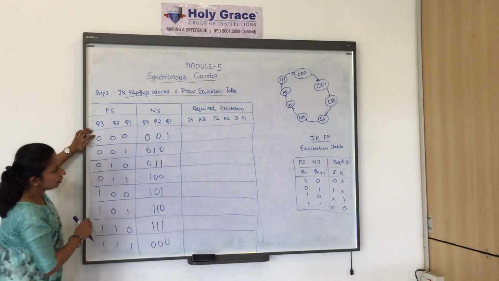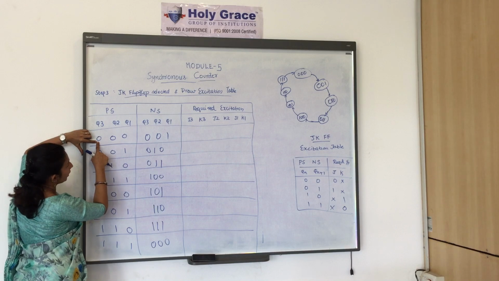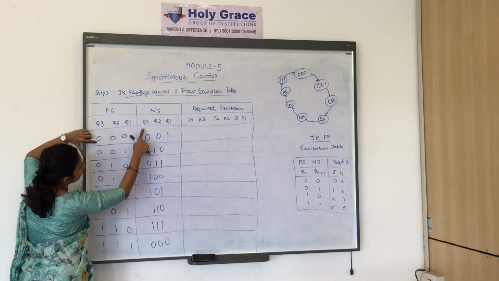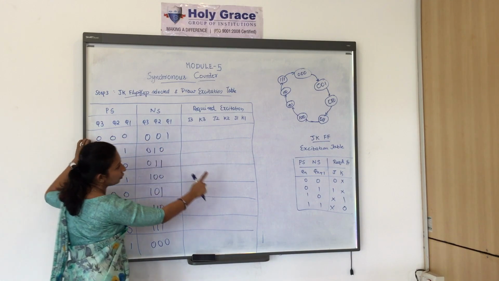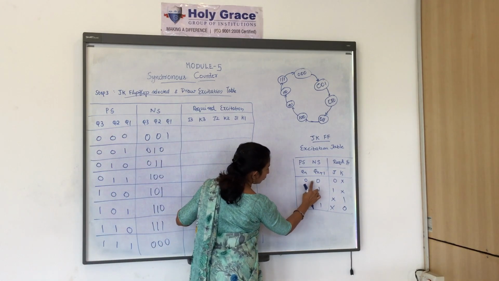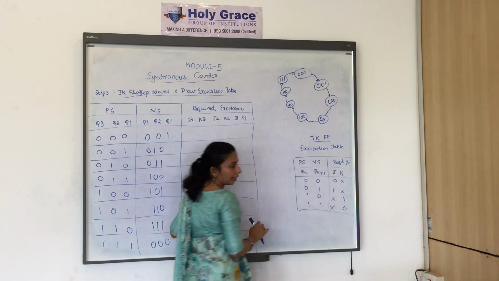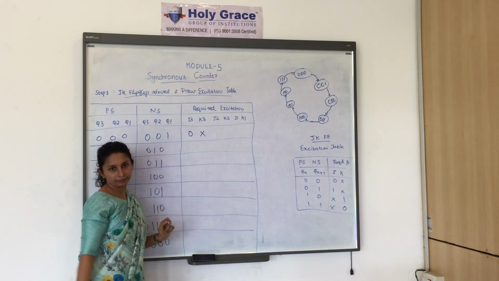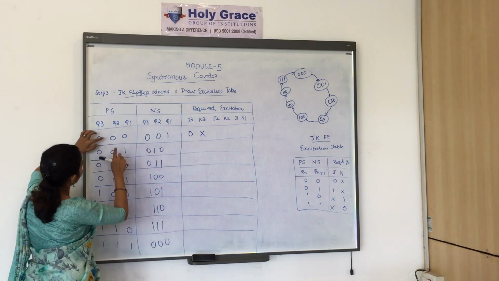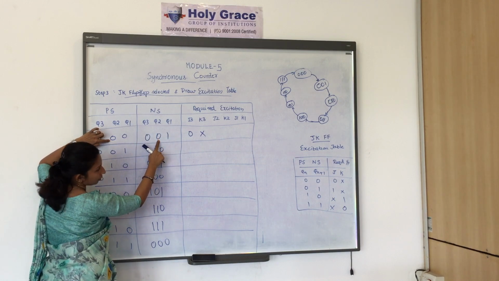Here we have to check, suppose this is our present state, then Q3's next state is 0. For 0, 0, the corresponding excitation is 0 and don't care. So I will write 0 and don't care. Now Q2 present state and next state Q2 is 0.